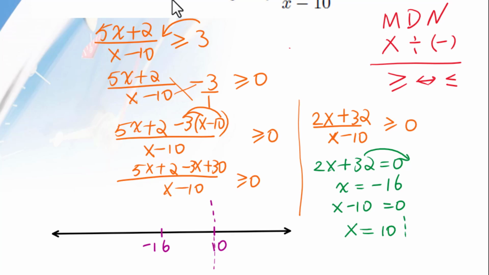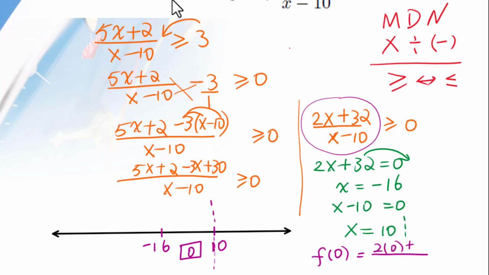You will choose a number. Easy number. I choose 0 between negative 16 and 10. Then I plug 0 into this equation. F of 0 equals (2 times 0 plus 32) over (0 minus 10), which is less than 0.